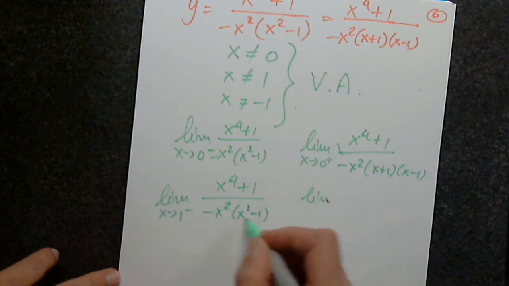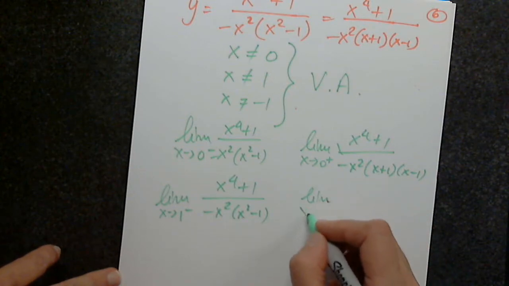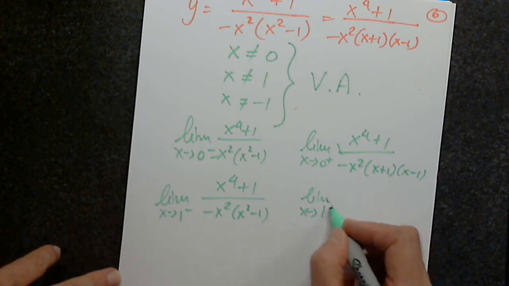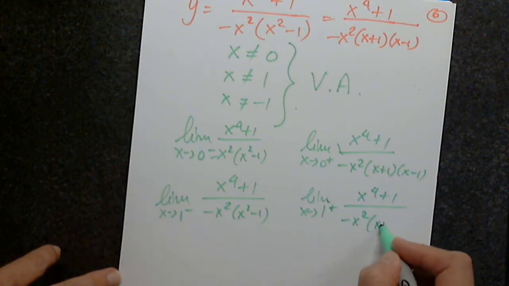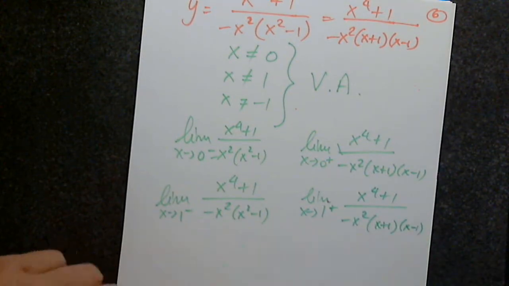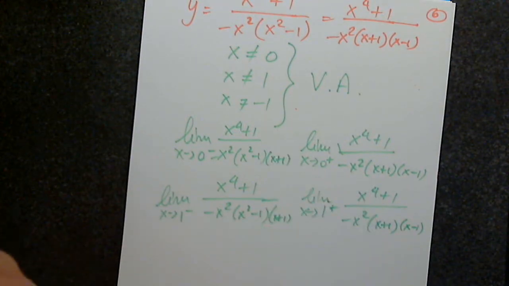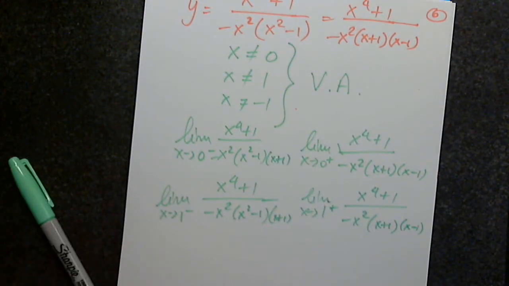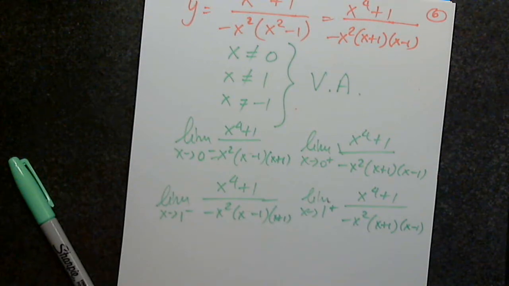And the limit, I should have used plus or minus. It doesn't matter. As x approaches 1 from the right, x to the 4th plus 1 over negative x squared, x plus 1, x minus 1. I don't want you to get the impression that I'm changing anything on you. It's the same function. And of course, for the last one, negative 1.